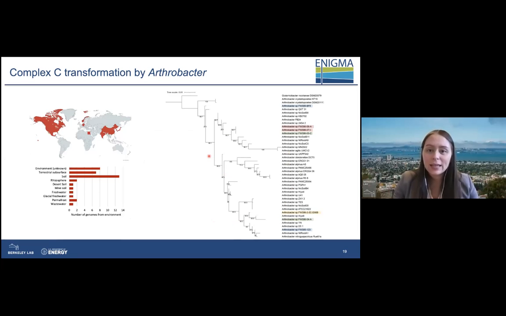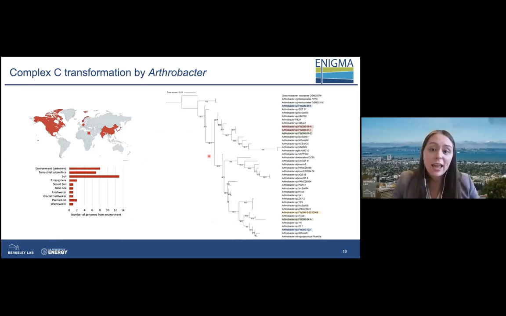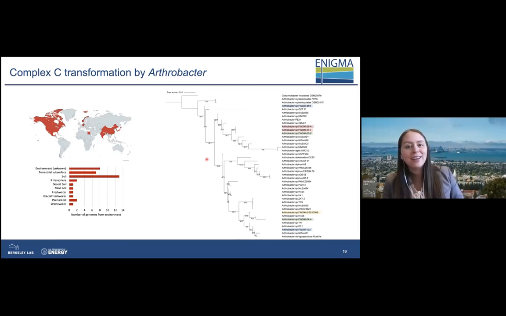And again, we compared all the Arthrobacter that are publicly available with complete genomes, and including ours, this is 41 different genomes in Arthrobacter. And they come from different environments. Unfortunately, we have a pretty big unknown group, because historically we as scientists have not been the best at cataloging our metadata.